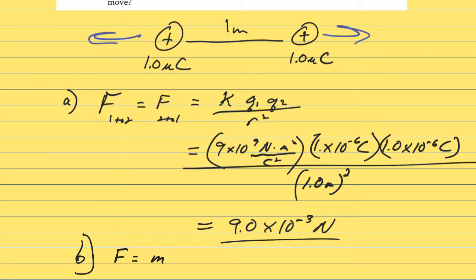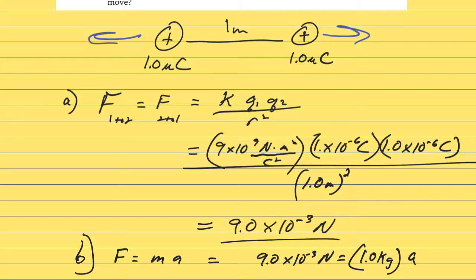F equals ma. We have a force of 9.0 times 10 to the negative 3rd newtons. The mass of these things, didn't it say it was 1 kilogram? Thought it did. 1 kilogram.